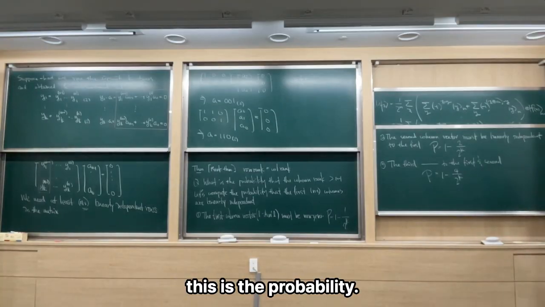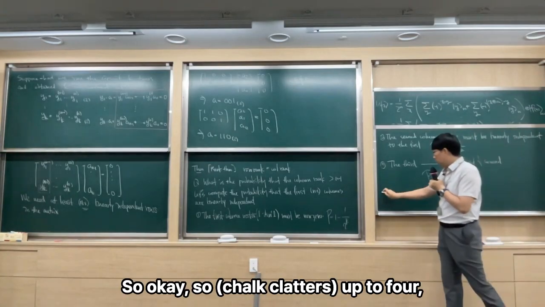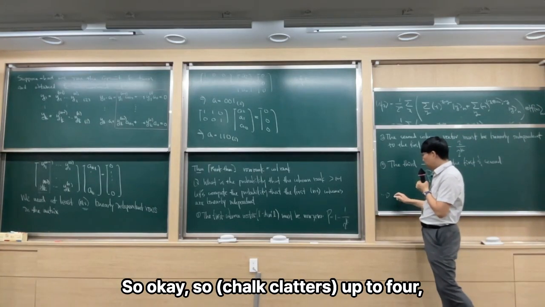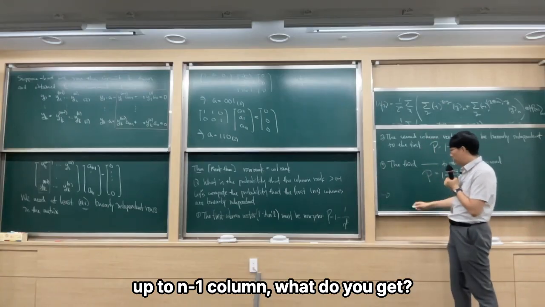This is the probability. So okay, up to n minus 1 columns, what do you get?